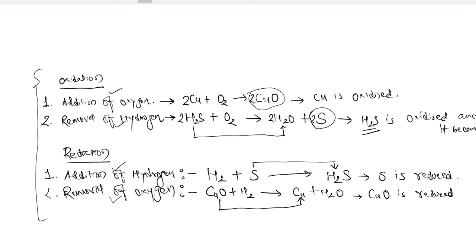Reduction reactions are addition of hydrogen or removal of oxygen, right? So it's possible we've seen many examples where oxygen is not present, only hydrogen is present. But still oxidation and reduction is happening, right? Because removal of hydrogen is also oxidation. Addition of hydrogen is reduction.